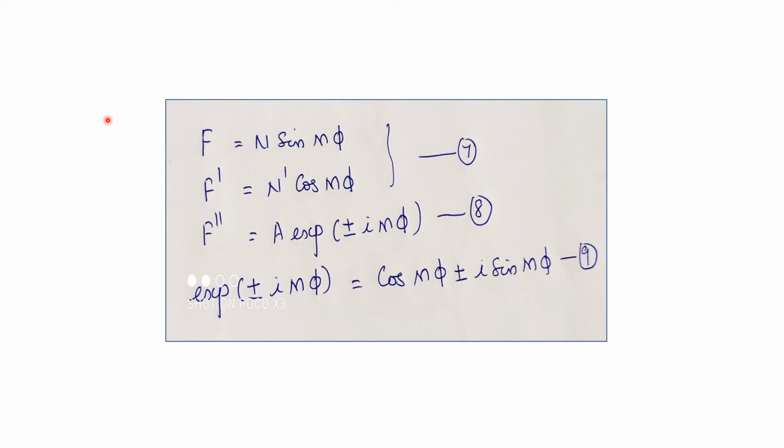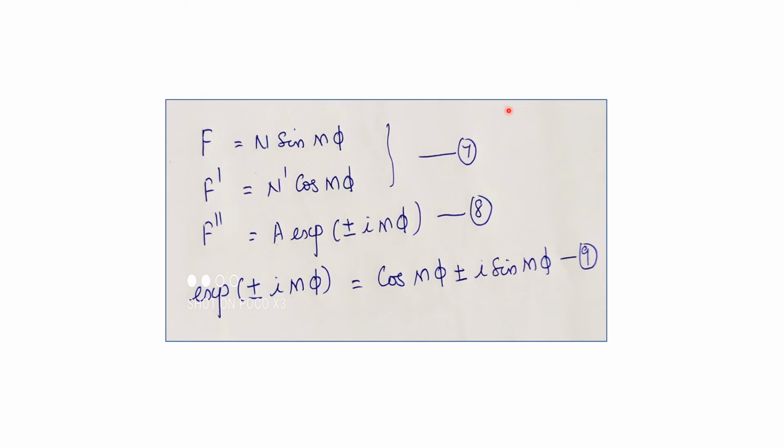The solution of equation 5 can be represented as f equal to N sin m phi, f dash equal to N dash cos m phi as the real set, and f2 dash equal to A into exponential plus or minus i m phi as the imaginary set. The trigonometric forms, 7, are also called circular harmonics.